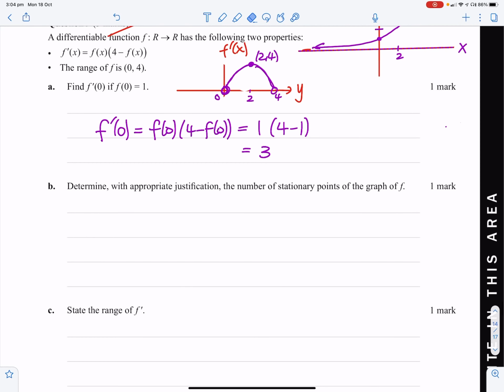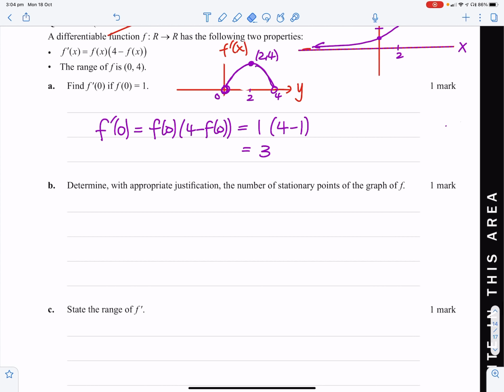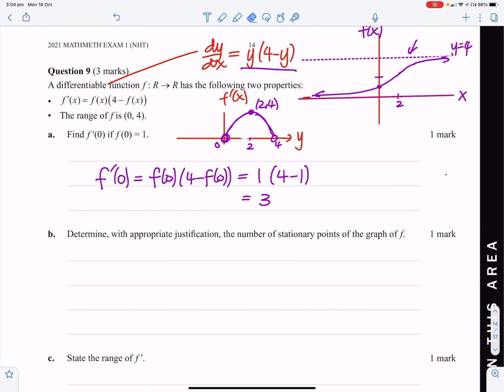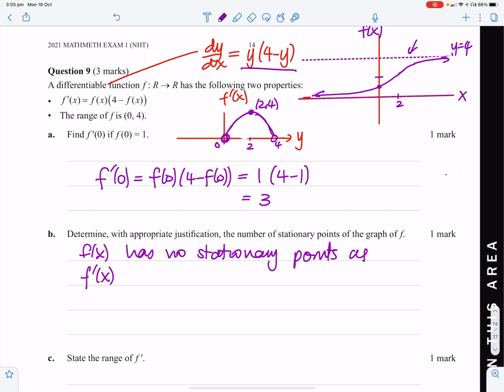The second one, determine with appropriate justification the number of stationary points of the graph of f of x. So we say f of x has no stationary points as f dash of x equals 0 when f of x equals 0 or 4.